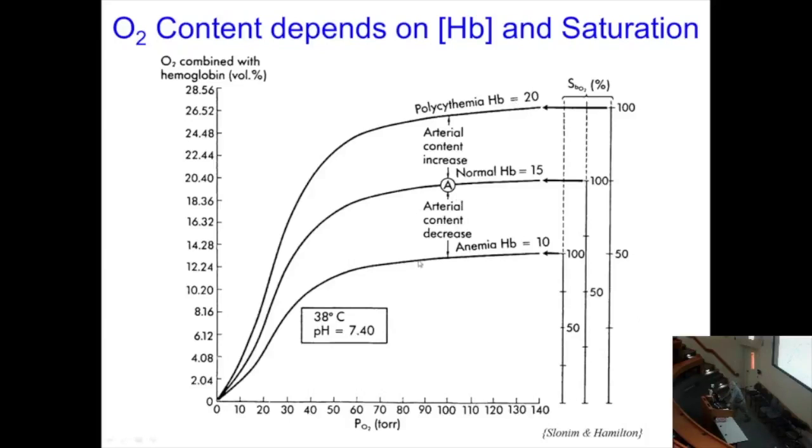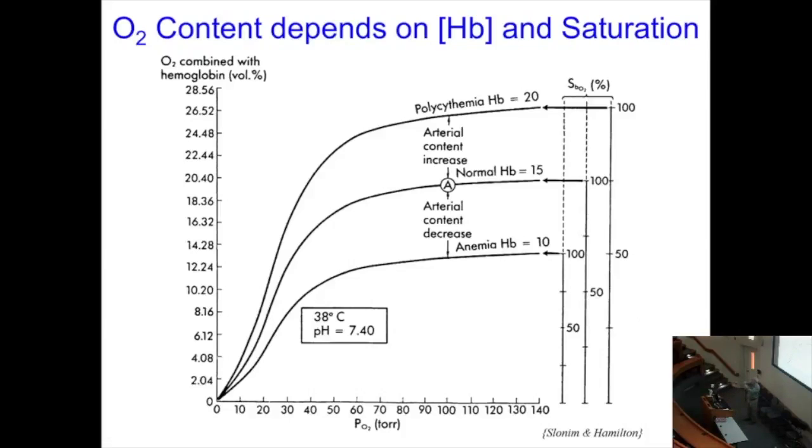Someone with a lower than normal amount of hemoglobin has anemia. So here we have pretty severe anemia with a hemoglobin of 10 grams per deciliter. Each of these has a separate oxyhemoglobin dissociation curve, but these curves all have the exact same shape.